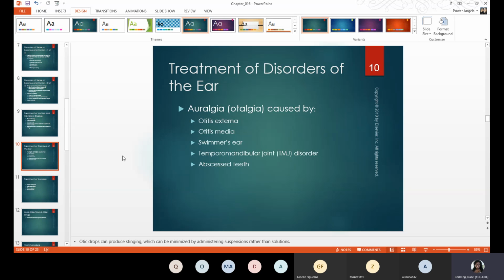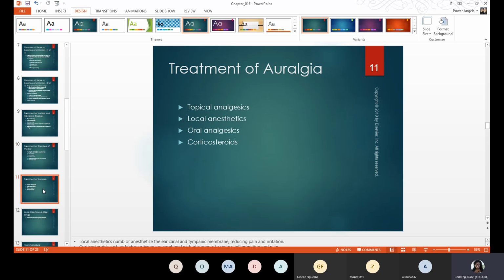So as we learned about some of the things that cause ear pain, let's get into a little bit more depth of what can actually treat the ear pain.